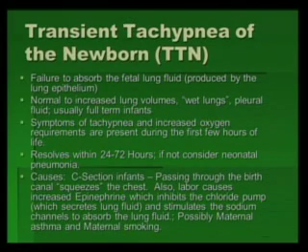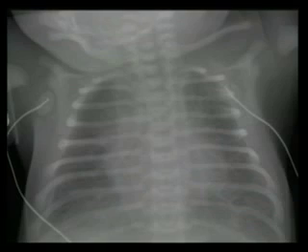So there are so many elective C-sections nowadays that the woman never goes through labor at all, and so the epinephrine never gets increased, and so these babies are at increased risk of getting TTN. Maternal asthma or smoking may possibly be a cause as well. But this is probably the biggest reason: the lack of going through active labor.